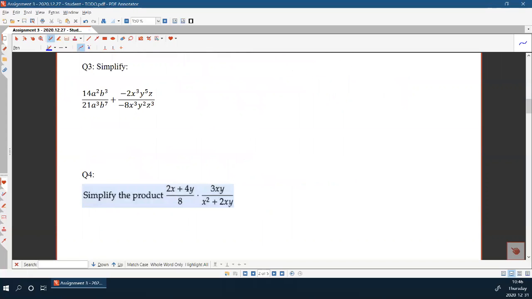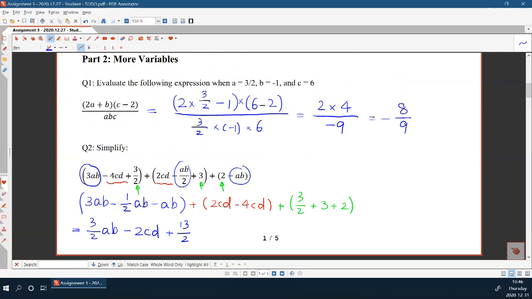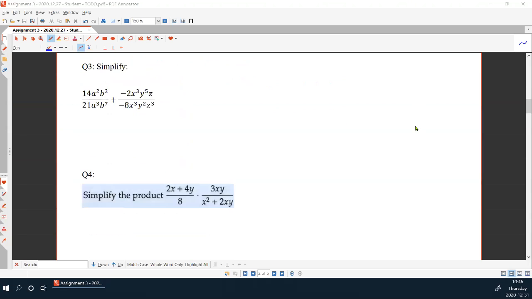Question 3, simplify. There are two terms. I'll scroll up, okay. Next one, simplify the following.